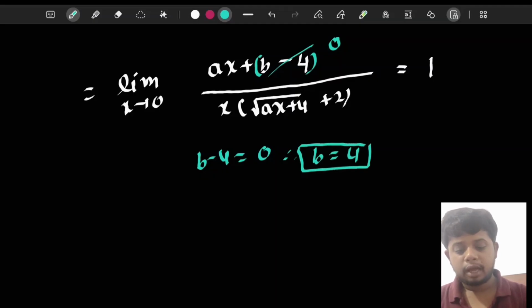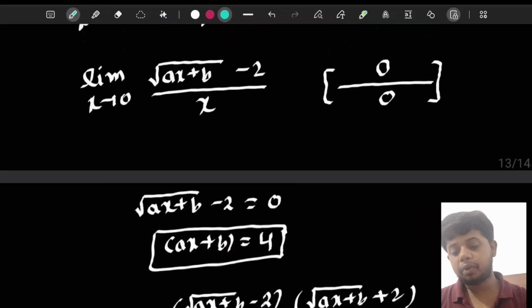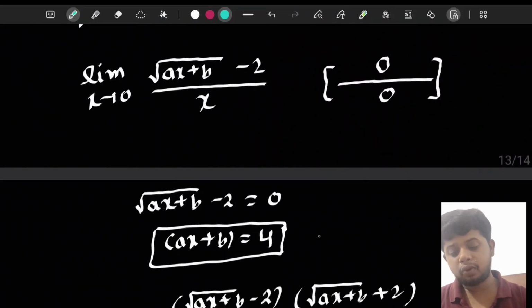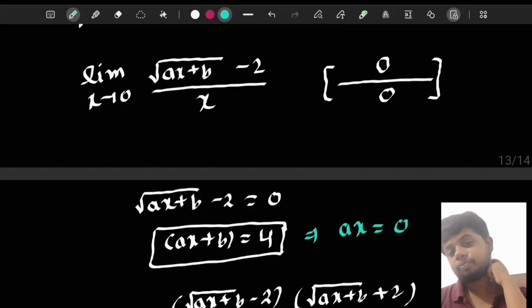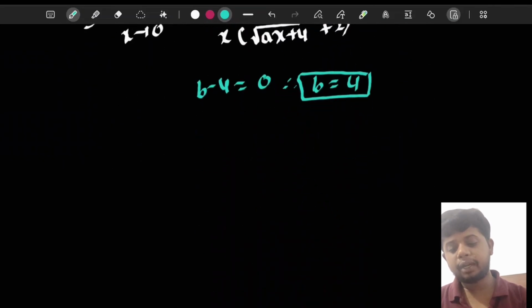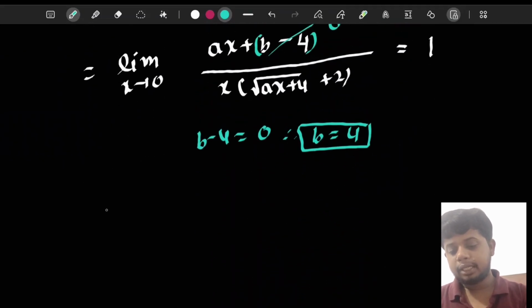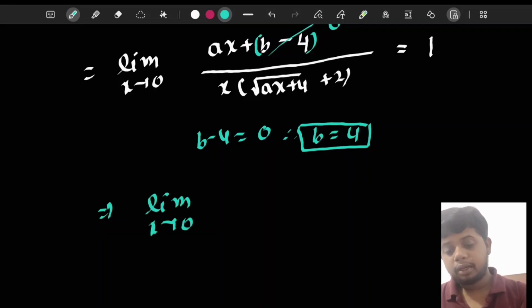Okay. And we know one thing. What we know? ax plus b equal to 4. So ax plus b equal to 4 means, what is that? ax equal to 0. We will come to that. But see now first. I am getting limit x tend to 0.